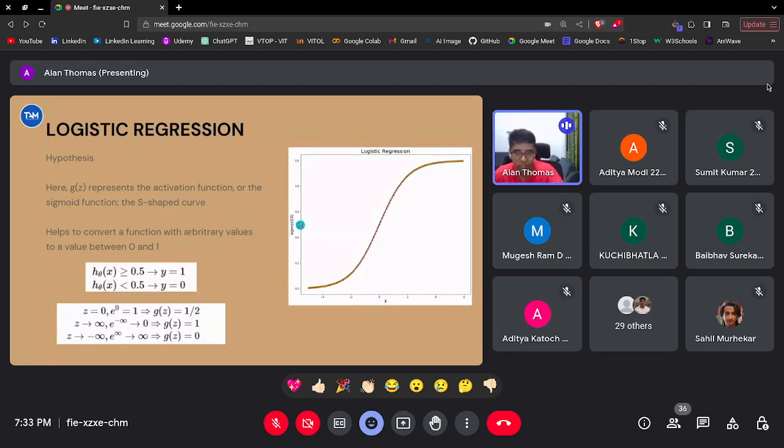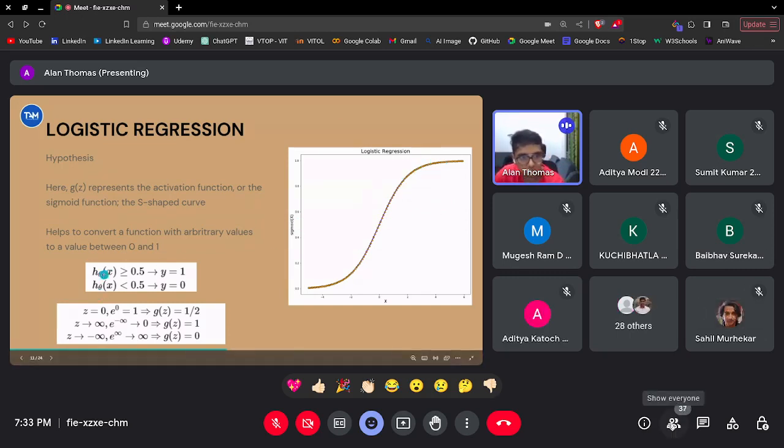Generally people take 0.5: if your point is below 0.5, you consider it no or 0, and if it's above 0.5, you consider it 1 or yes. So if the hypothesis is greater than or equal to 0.5, y is equal to 1, and if the hypothesis is less than 0.5, y is equal to 0.